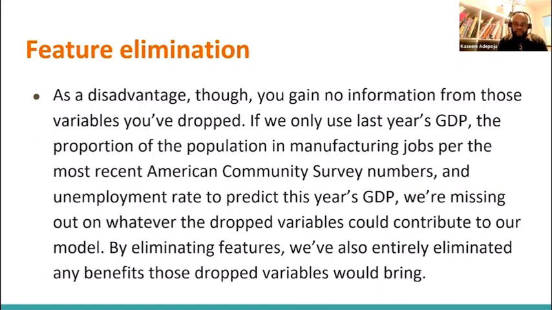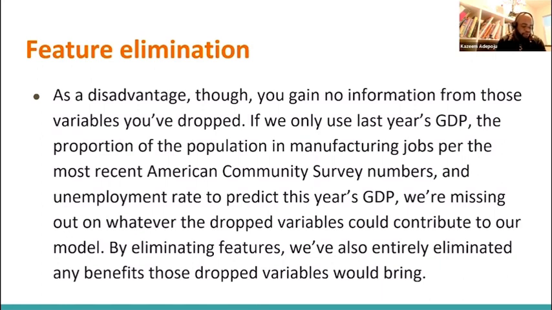That is why, if we use last year's GDP, the proportion of the population in manufacturing jobs from the most recent American Community Survey, and the employment rate to predict this year's GDP, we're missing out on whatever the job variable could contribute to our model.